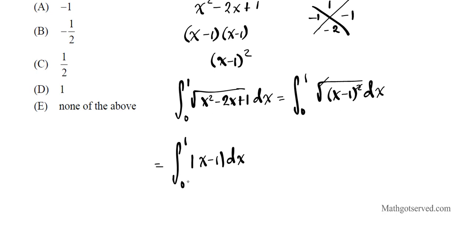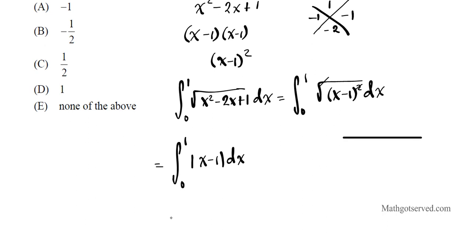Now, we know that the absolute value is a piecewise defined function. It's a combination of two linear functions with opposite slopes. We're dealing with this case from 0 to 1, and for the absolute value function, the break happens at 1. Let me draw a line to show you something real quick.